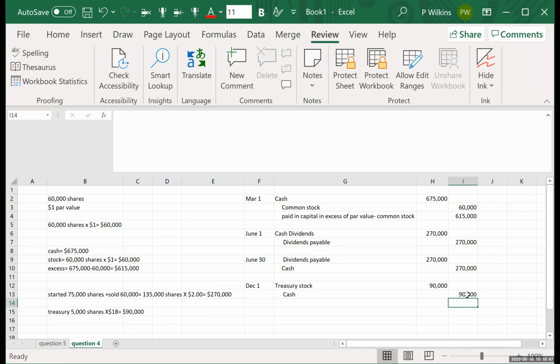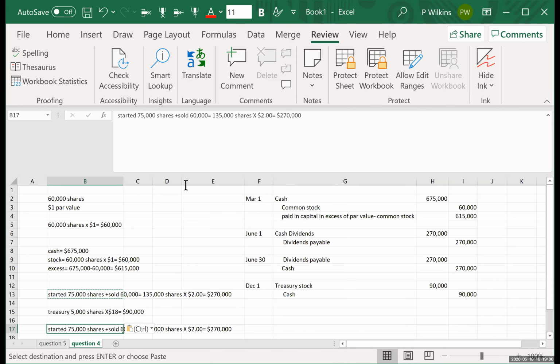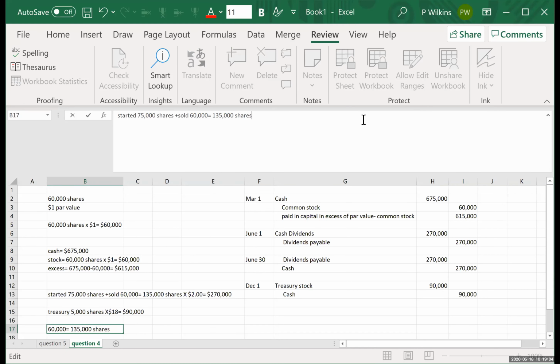And then December 15th, it says, declared a cash dividend on outstanding shares of $2.50 per share to stockholders of record at December 31. Before, we figured out there were 135,000 shares, but then we just bought back 5,000 shares.